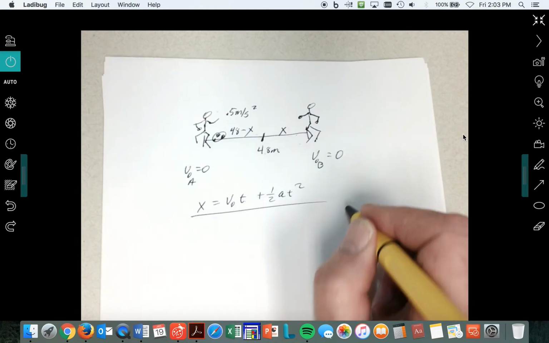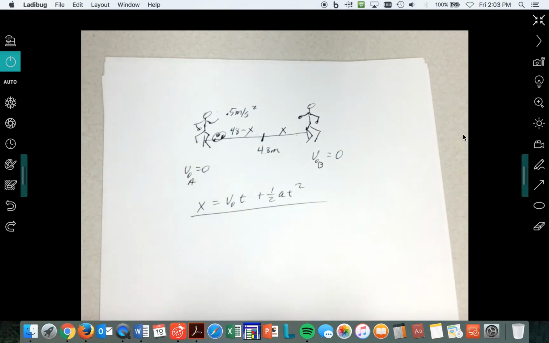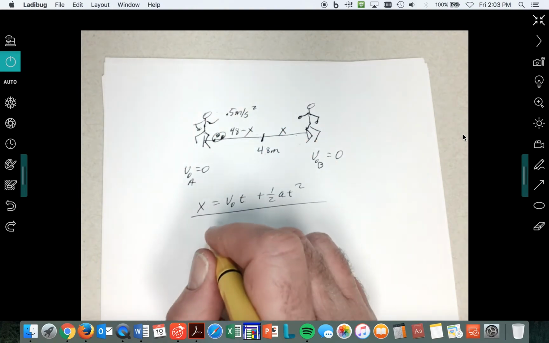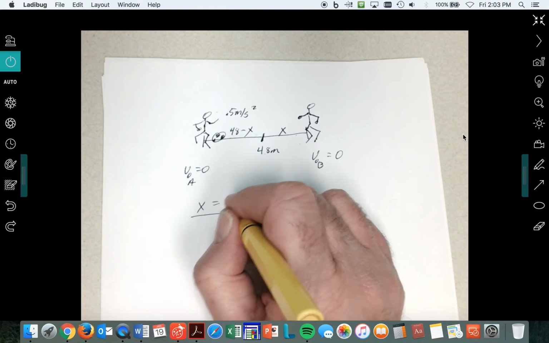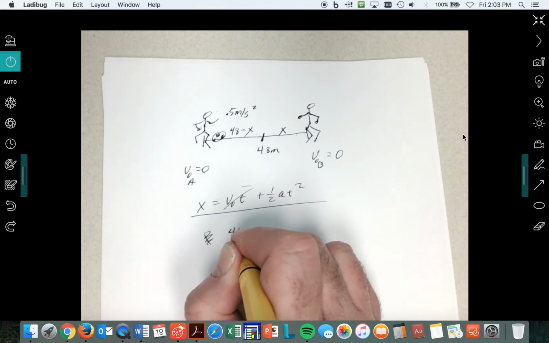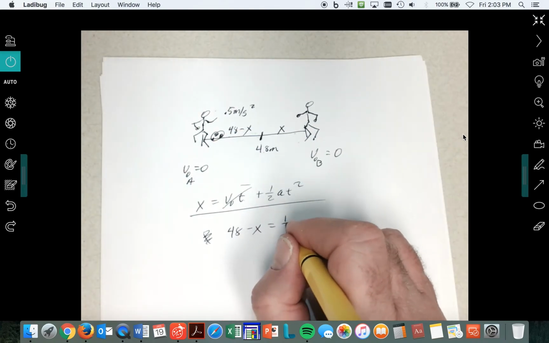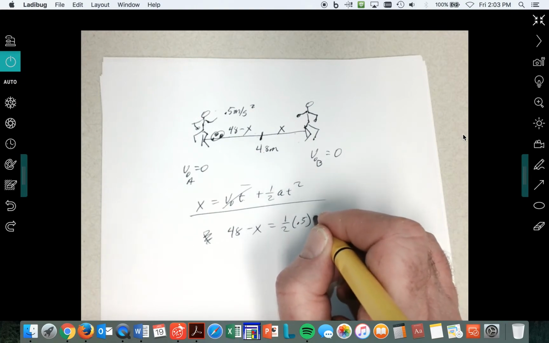We're going to use this formula. Let's look at the first soccer player. Okay, so he's going to go a distance of, where this goes to 0, so 48 minus x is equal to 1/2 of 0.5 times t squared.